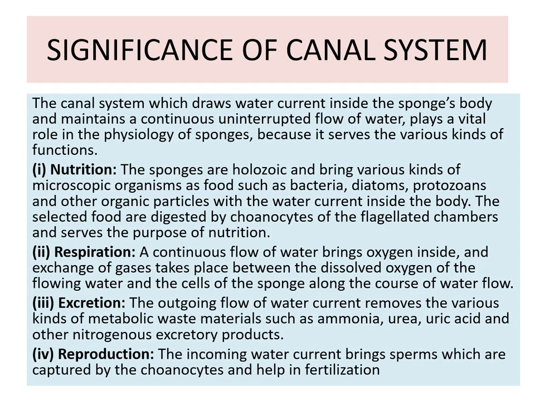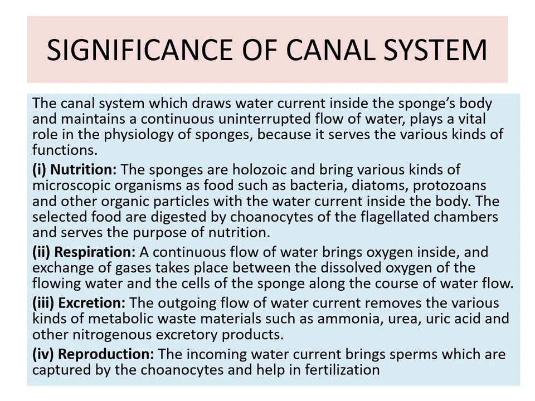Second is respiration. The continuous flow of water brings oxygen inside, and exchange of gases takes place between the dissolved oxygen of the flowing water and the cells of the sponge along the course of water flow. Third is excretion. The outgoing water current removes various kinds of metabolic waste materials such as ammonia, urea, uric acid and other nitrogenous excretory products.